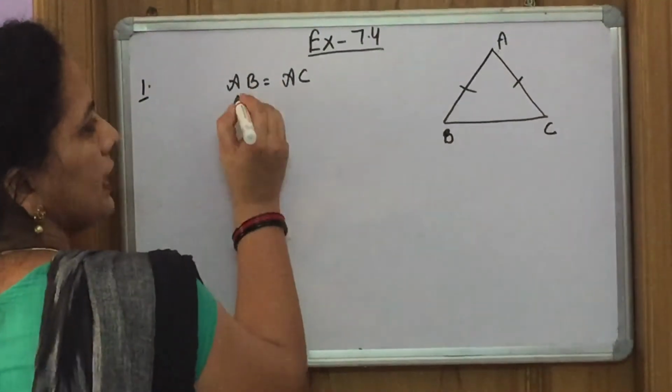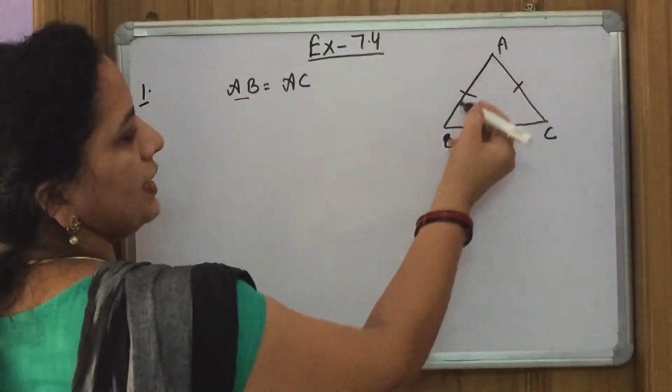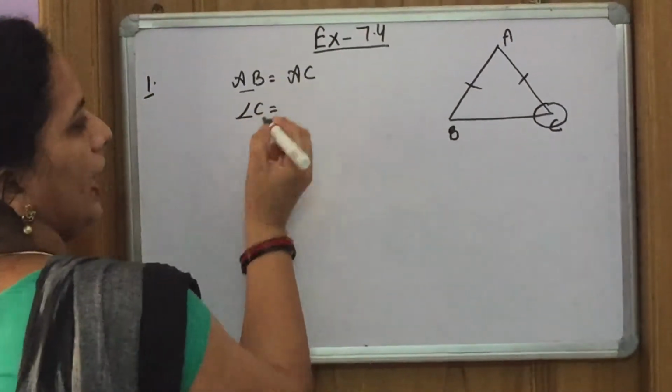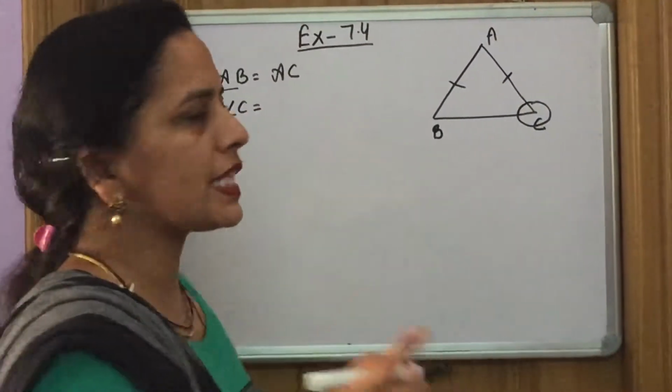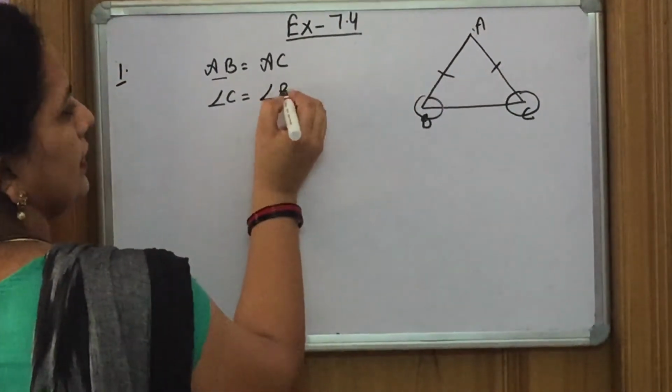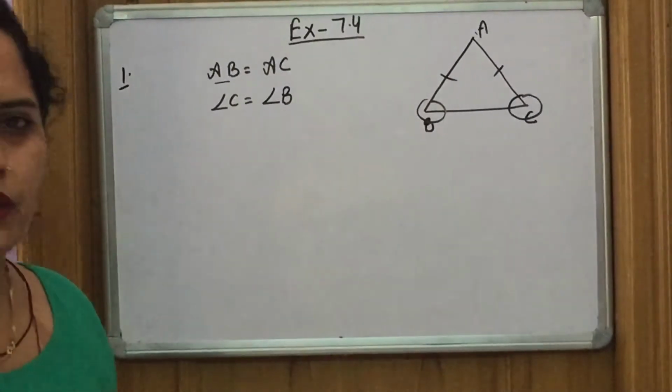That means the opposite angle of AB is angle C, and the opposite angle of side AC is angle B. That means these two angles are also equal.